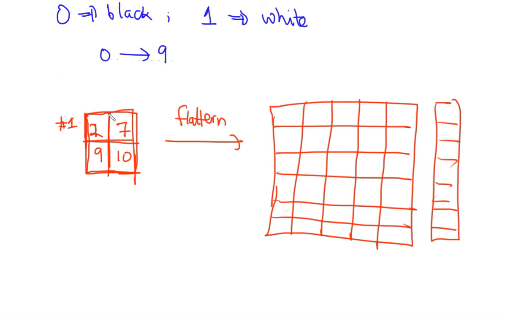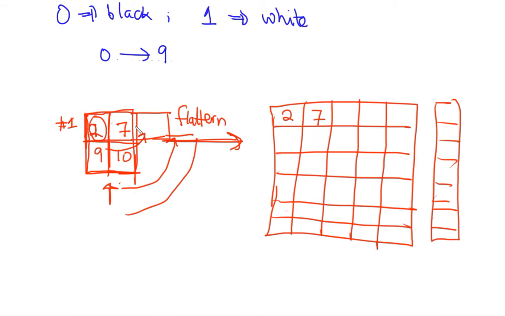So what you can do is we can flatten this to fit into here. What does it mean to flatten? This 2 would then come here, 7, and then instead of having a row, we will move the row here. And then if we had another row, we would move it to be there. If we had another one, we would move it to be there.